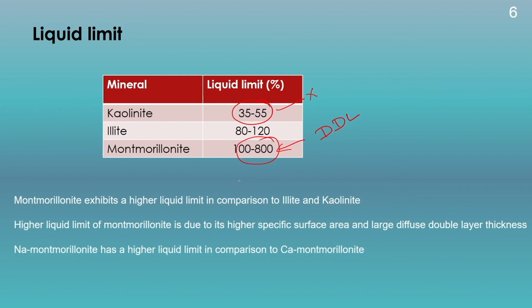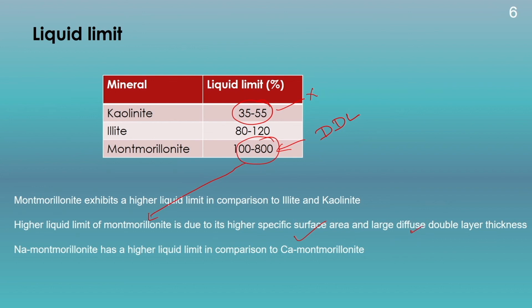When we compare these three minerals, montmorillonite will have a higher value of liquid limit than illite and kaolinite, which can be attributed to its high specific surface area and large diffuse double layer thickness.